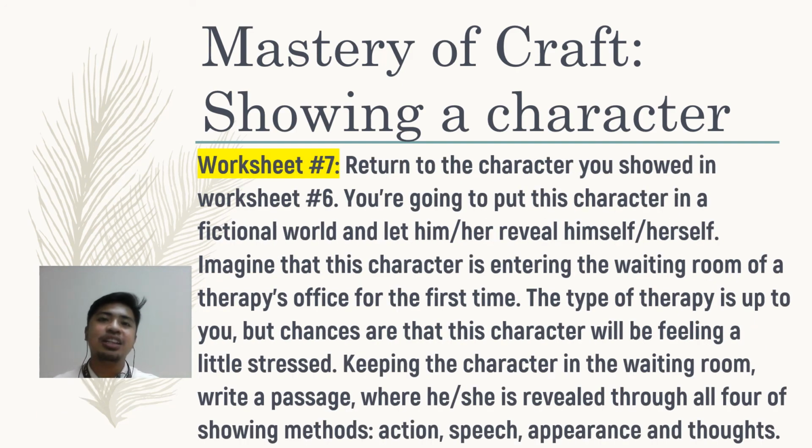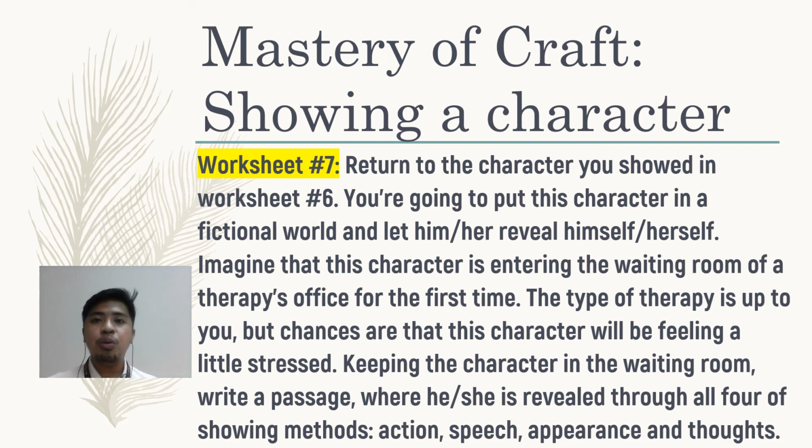Now, for your worksheet number 7, I want you to return to the character that you showed in worksheet number 6. This time, you're going to put this character in a fictional world and let him or her reveal himself or herself. Now, what is the situation? Imagine that this character is entering the waiting room of a therapist's office for the first time.